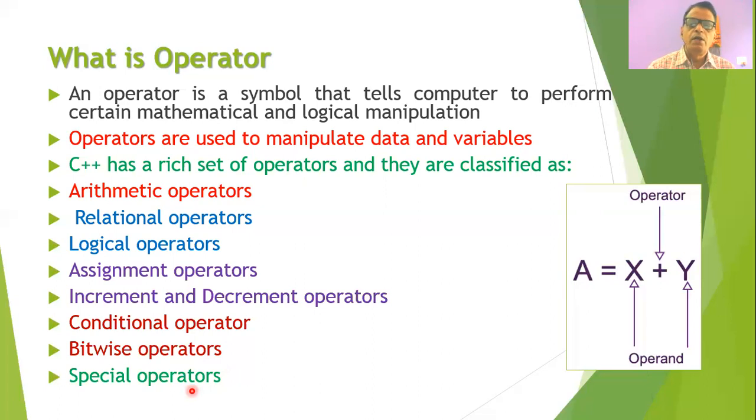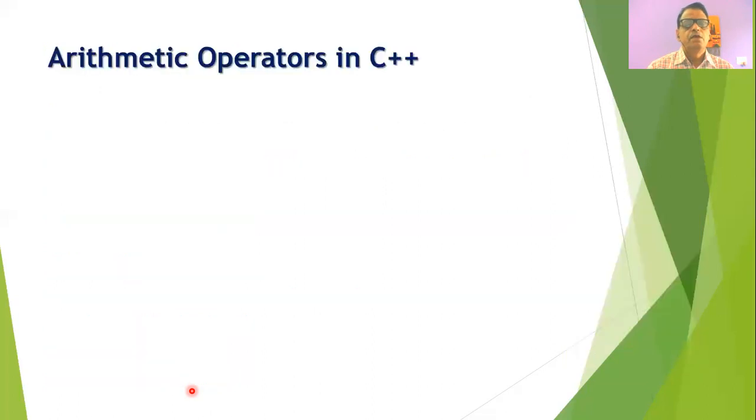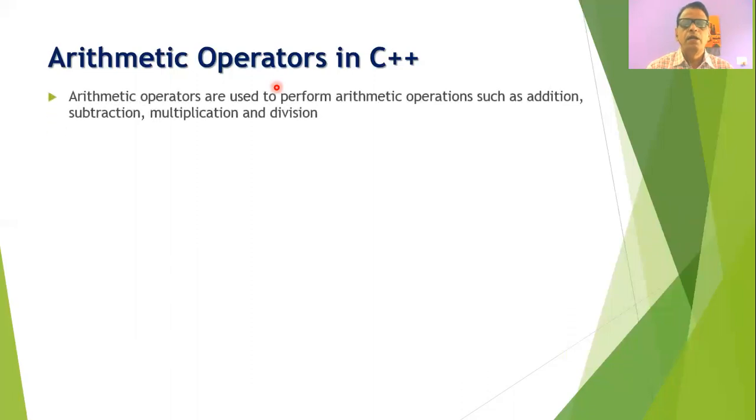The sizeof operator, comma operator, insertion operator and extraction operator can be called special operators in C++. In this session, we will see the different types of operators, and we will also see some examples of the use of these operators. So let us start with the first category of operators, which are called arithmetic operators.